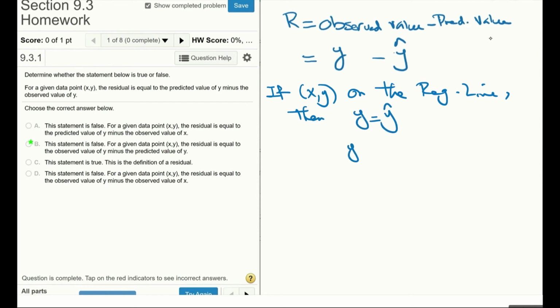So in that case, y minus y hat becomes 0, and of course that's going to be the same as y hat minus y. This is the only situation in which y minus y hat and y hat minus y will be the same. In all other instances, they're not the same. And of course in mathematics, if we're going to say something holds, it has to hold for every case. So in general, y minus y hat is not considered to be equal to y hat minus y. Again, the order is extremely important. Keep that in mind.